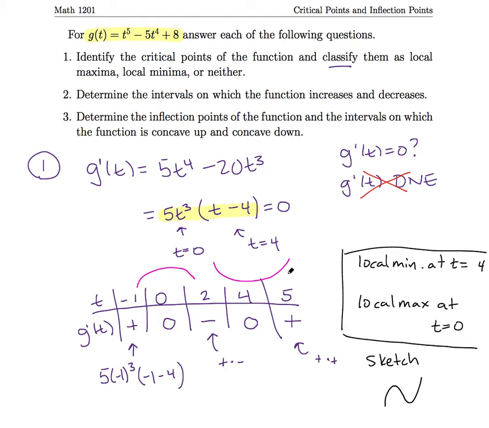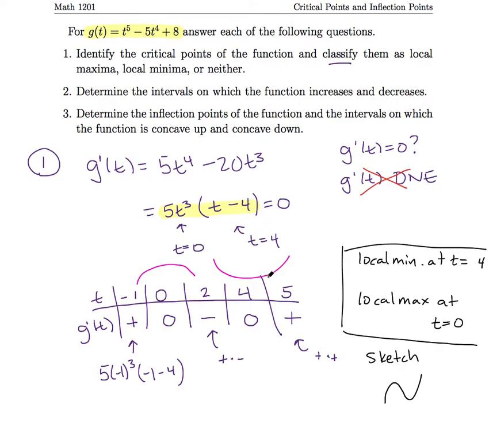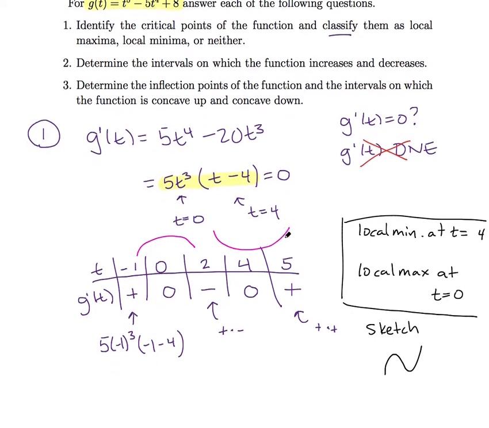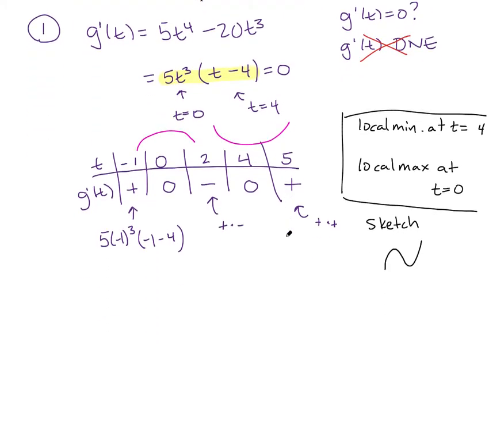Okay, now that we have this table set up, we can also answer the second question. I'll just scroll down a little bit. Our second question is asking us to determine the intervals on which the function is increasing and decreasing. So using our table from the first derivative test, we can see where it's increasing.